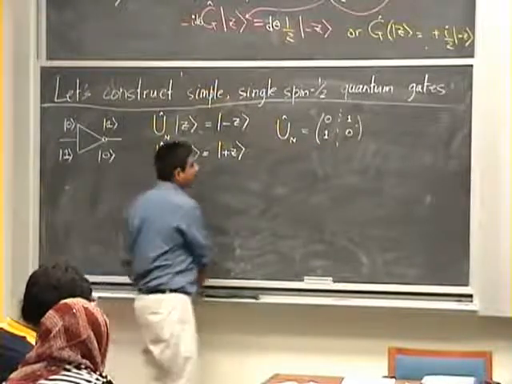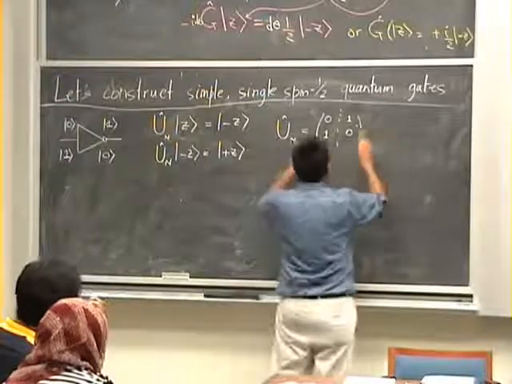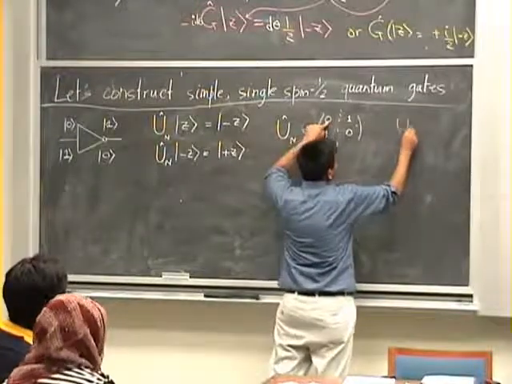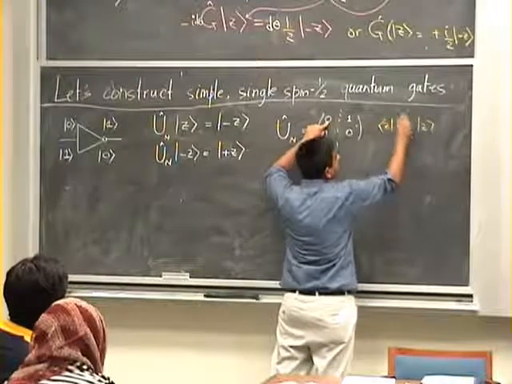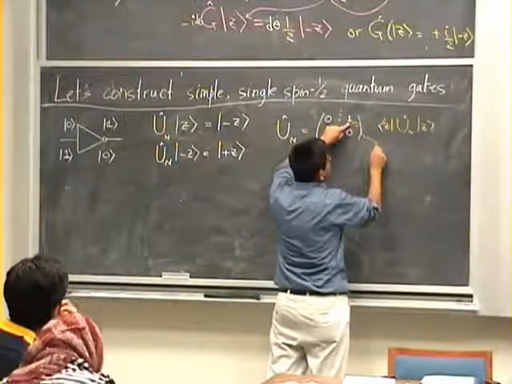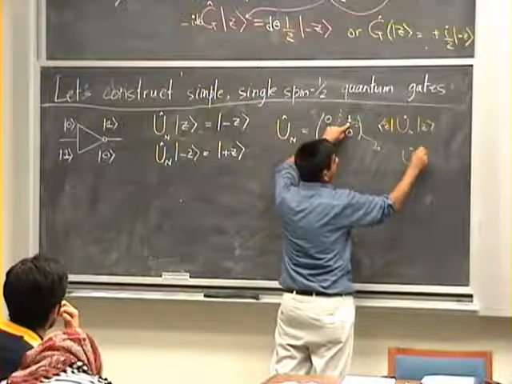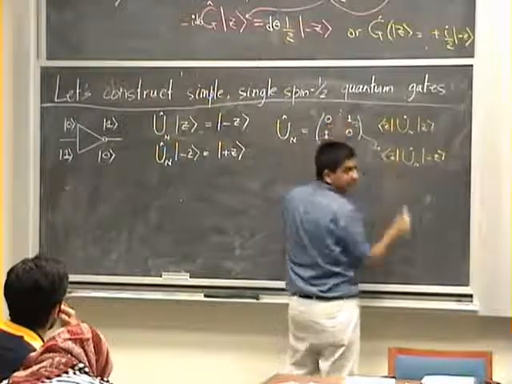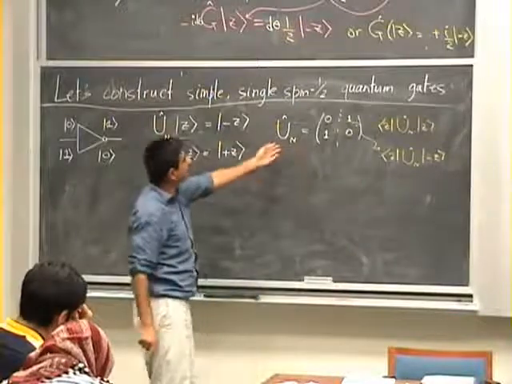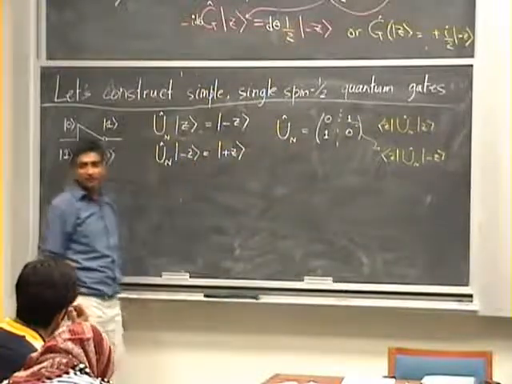Or you could do it by a calculated method. This element is simply U_N acting on Z, projected on Z, right? This element is U_N acting on minus Z, projected on Z, and so on, okay? So you can use this formalism to calculate what the NOT gate looks like.